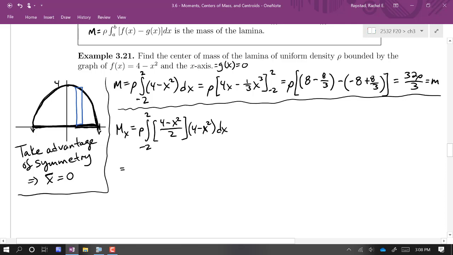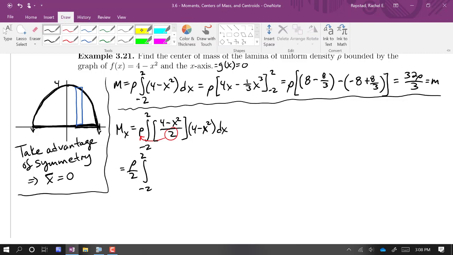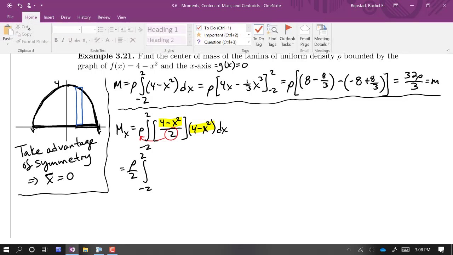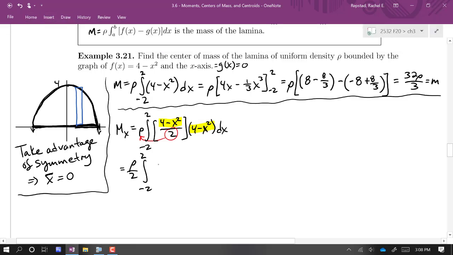I'm going to pull out that factor of a half, so we'll have rho over 2 outside. And then I'm going to FOIL out this product, 4 minus x squared times 4 minus x squared. That's going to give me 16 minus 8x squared plus x to the 4th.